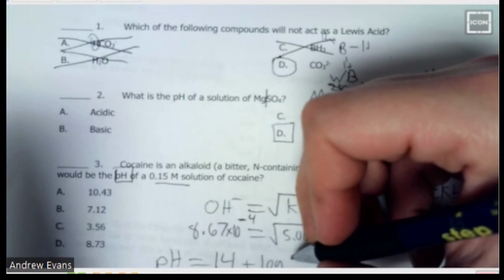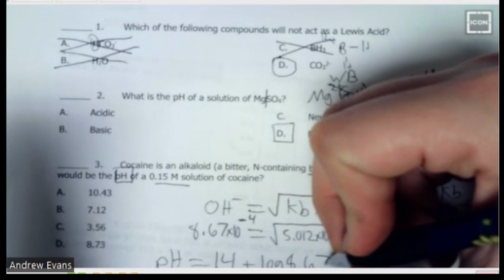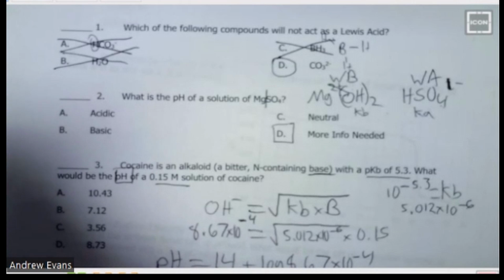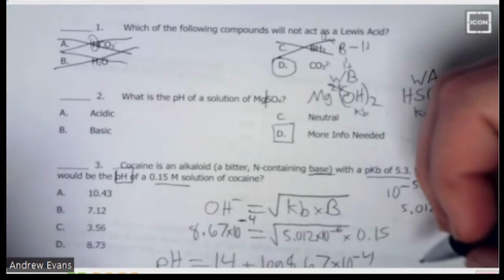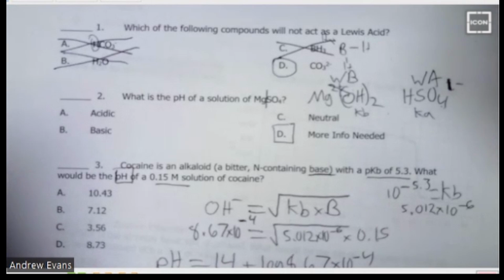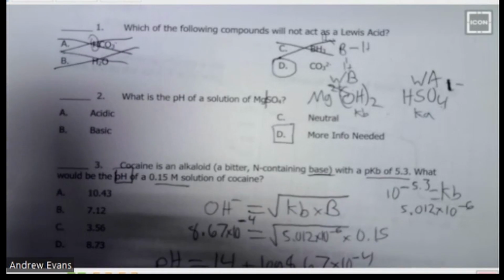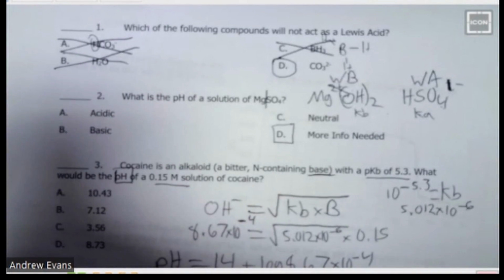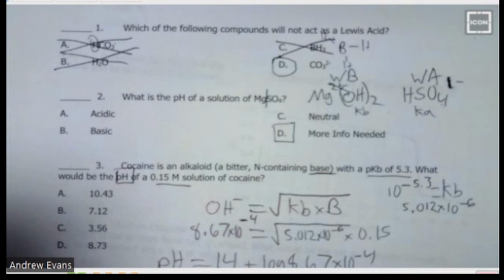So the pOH is negative log of my OH-, which is 3.06. So 14 minus that is, I screwed something up on my math. Well, the closest I can get on my answer key is 10.93, which is close enough to A.